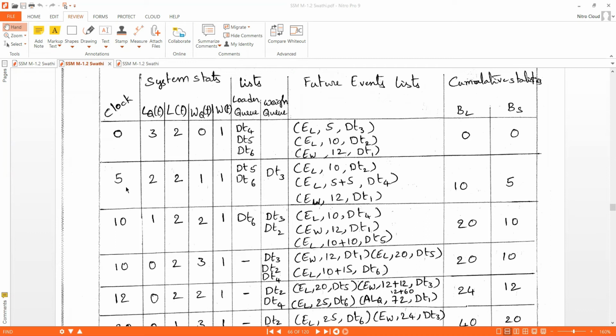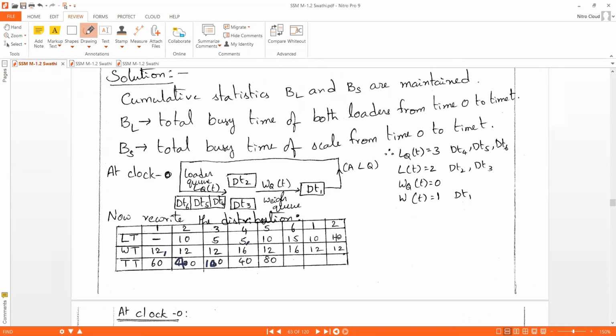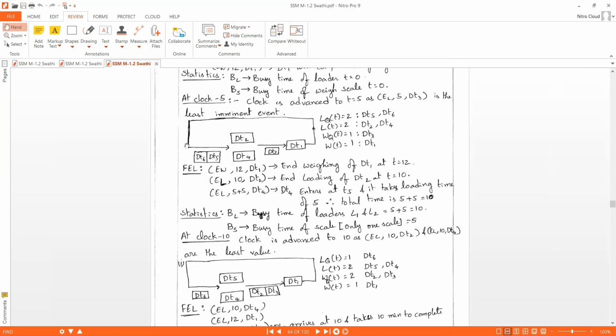Okay, at this point, let's see how the drum truck simulation will look. Here the drum truck problem will look like this. At simulation clock time 5, DT3 will complete its loading and go to the weighing scale.